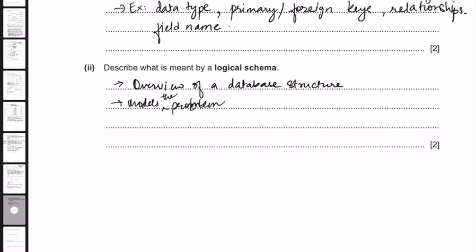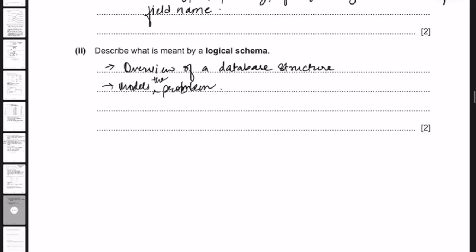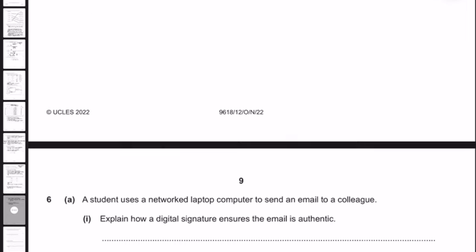They also say that it models the problem by using methods such as an ER diagram, and it is independent of any particular DBMS. It's an unusual question. I don't think they usually ask such questions, but okay.